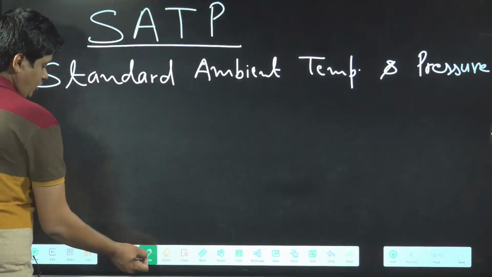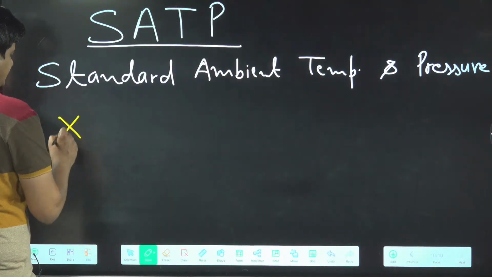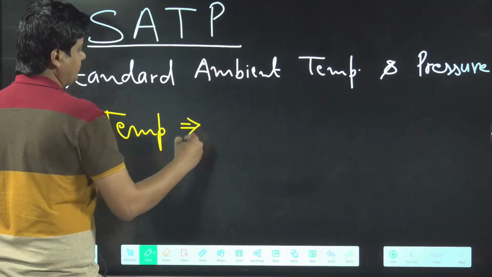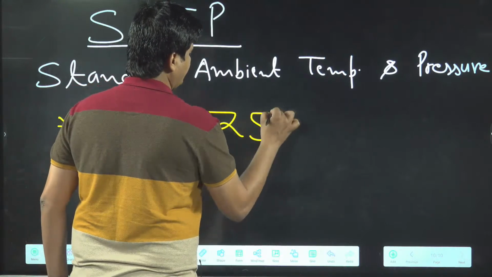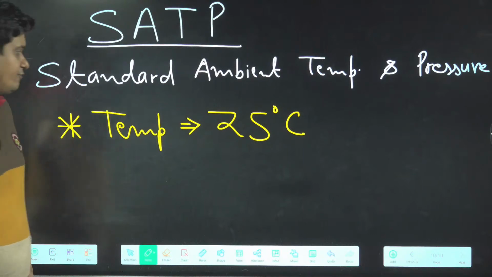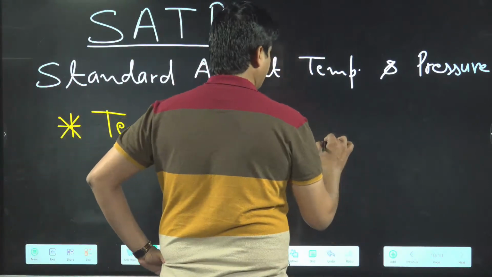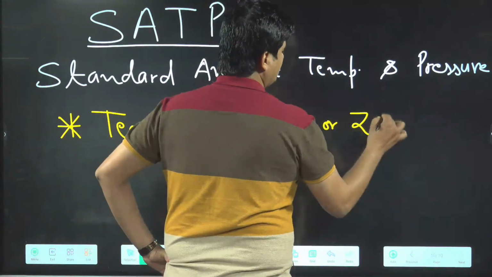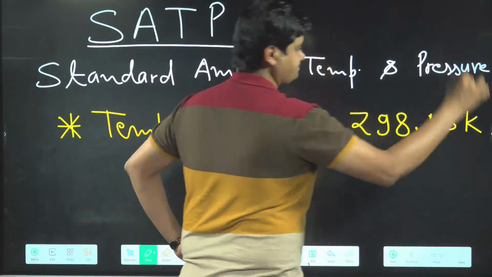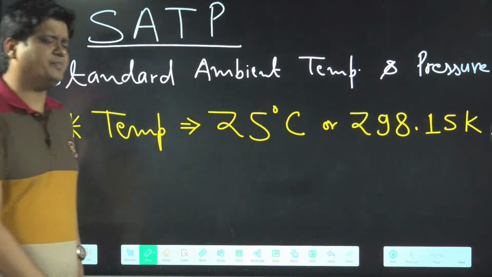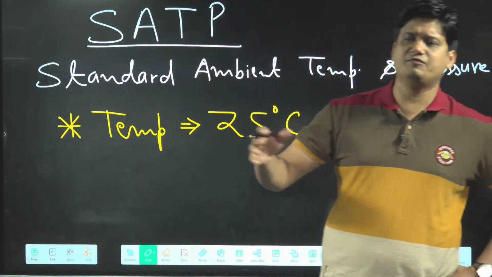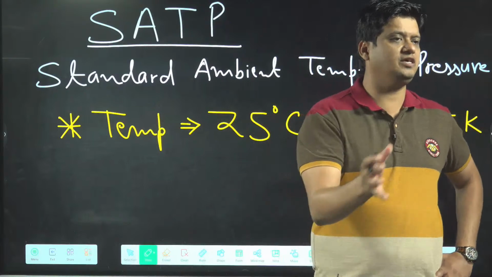So, when we talk about standard ambient temperature and pressure, the temperature is room temperature, and it is 25 degrees Celsius. If we convert this degree Celsius into Kelvin, what will we get? 298.15 Kelvin. We learned in the previous class that whenever we want to convert degree Celsius into Kelvin, we have to add 273.15.